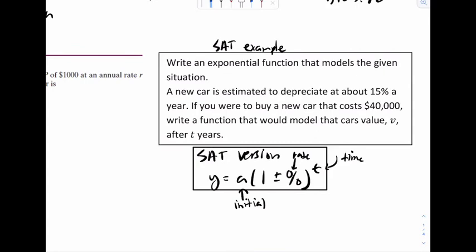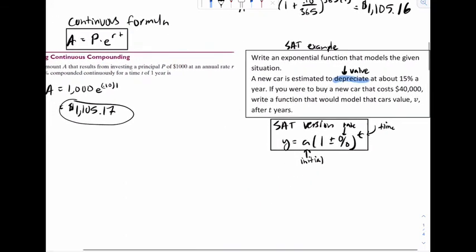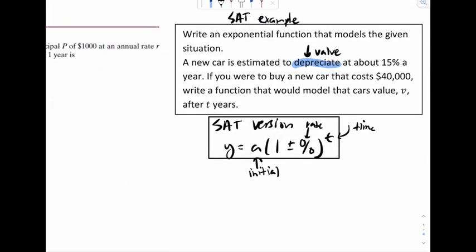So let's try it here. A new car is estimated to depreciate at 15% a year. So depreciate means it goes down in value. If you're to buy a new car that costs $40,000, write a function that would model that car's value after t years. Okay, so value, that's V, we're calculating the car's value, so that's why we're going to put that here, is equal to the initial, which is $40,000.